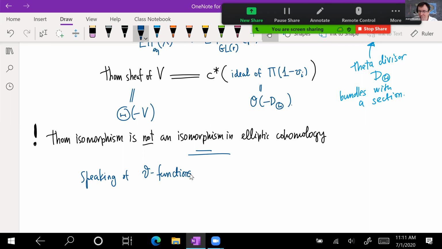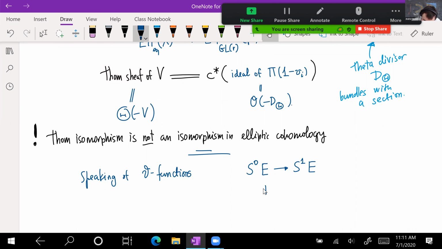So this is the rank 1 case here. You have the elliptic curve itself, and the point 0 of the elliptic curve is embedded into the elliptic curve.